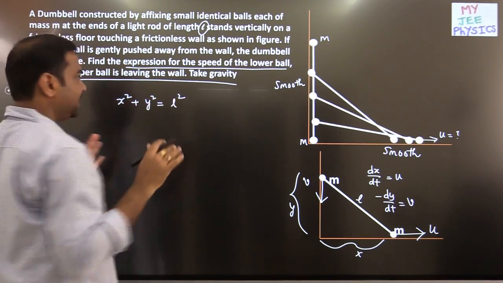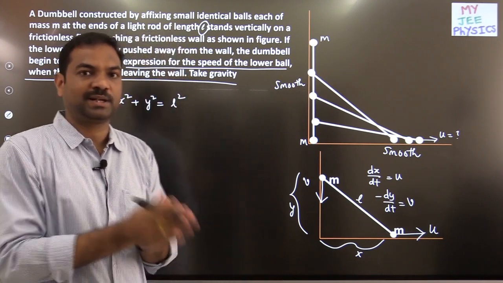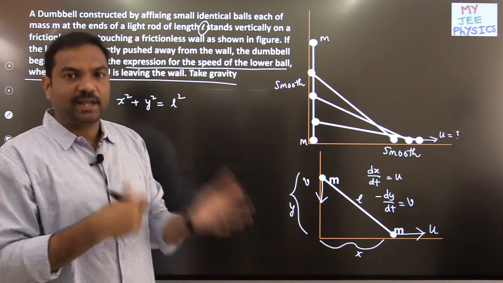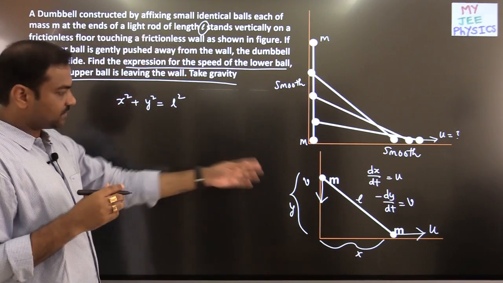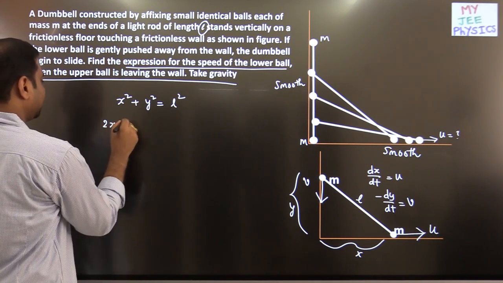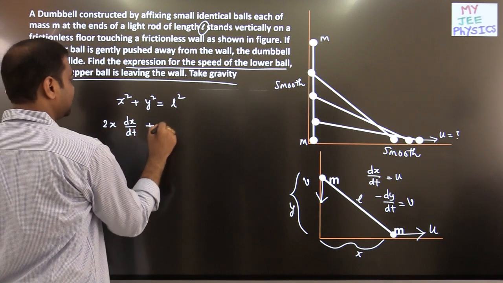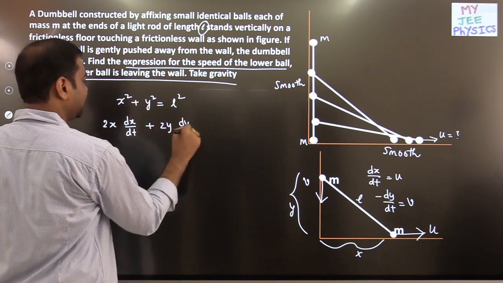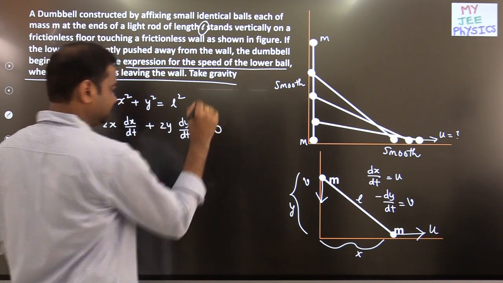I am not getting into the question actually. First of all, I am doing all the basic constraint equations, then I'll move into the question logic. So x square plus y square is equal to L square, that we know already. Now differentiate it with respect to time: 2x into dx by dt plus 2y into dy by dt is equal to 0, as the derivative of L square is 0.